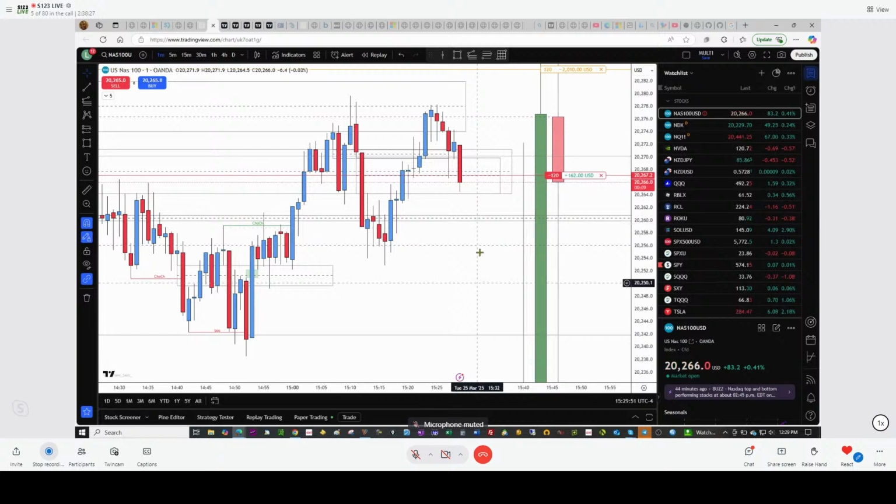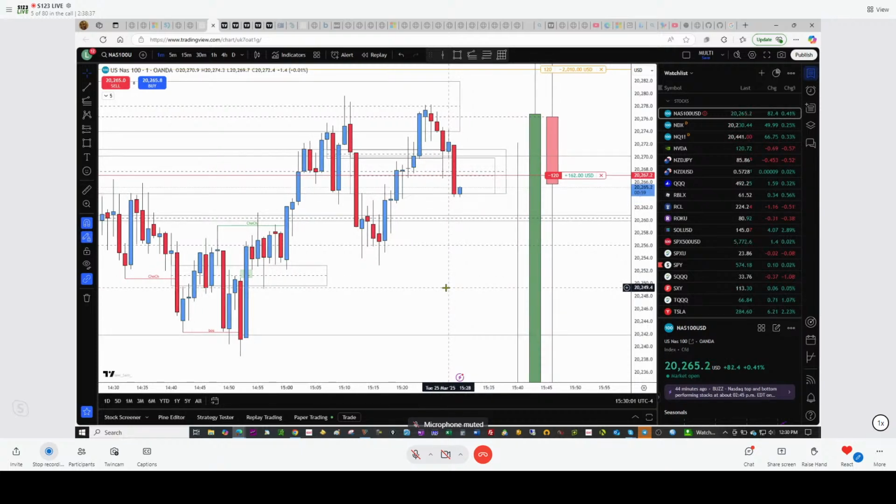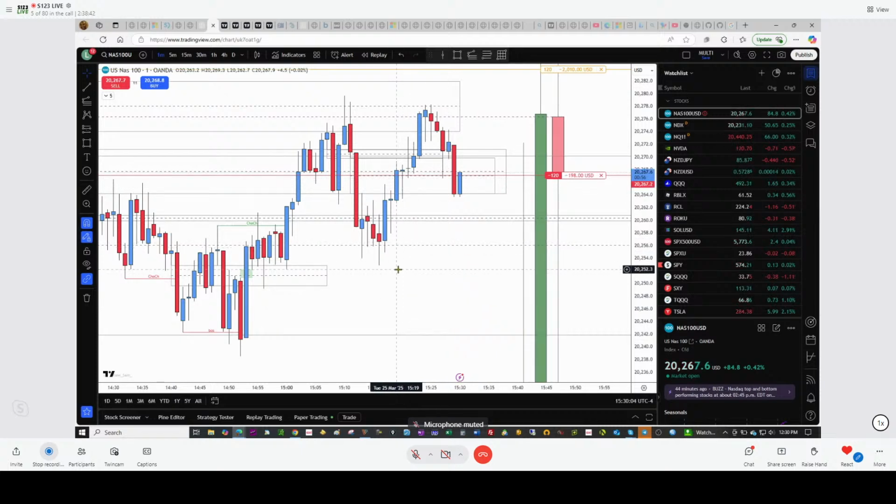All right, NAS is doing what I'm expecting it to do, fall. It's got to fall pretty far, though. Gee. Get my number back. This current gap here can turn into a resistance gap.